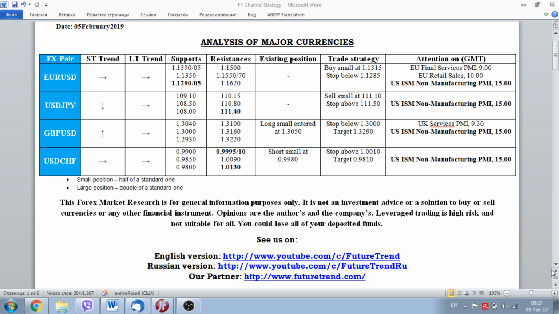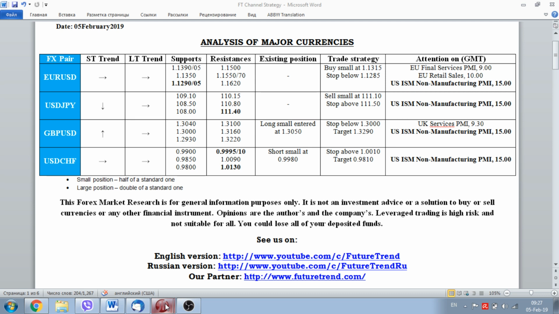So from that point of view, the Australian dollar should not trade higher from here.